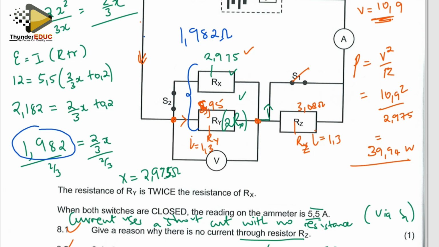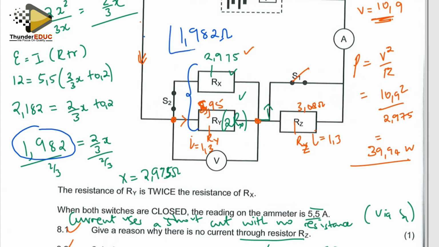If I get 2,975 multiplied by 5,95 divided by 2,975 plus 5,95, that gives me 1,982 roughly.